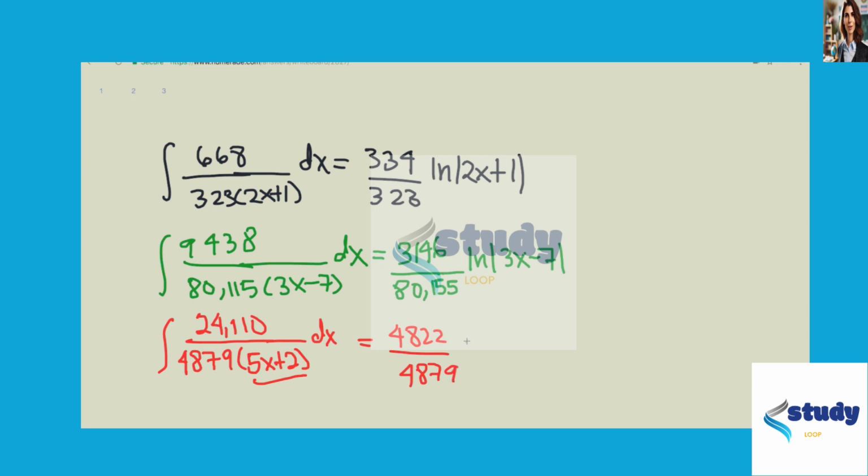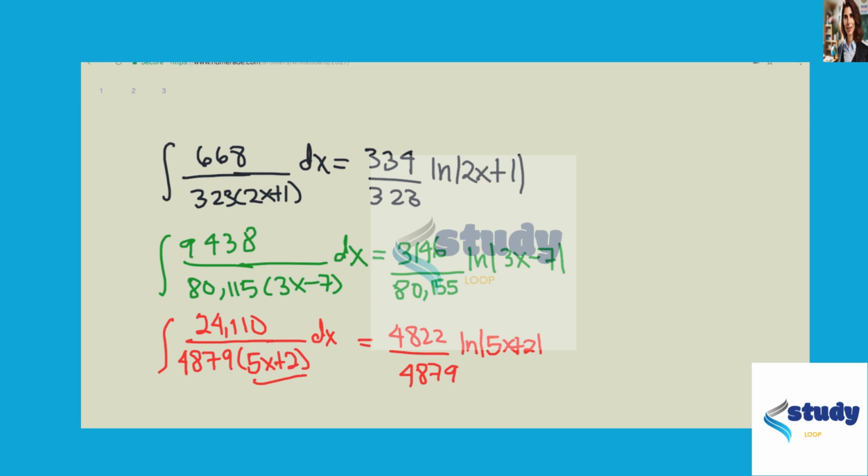And simplify this integral to get natural log of 5x plus 2 in the absolute value. And now the final answer is just the sum of the 2 integrals that we had on the previous page, then minus this integral, minus the green integral, and then plus this last red integral.